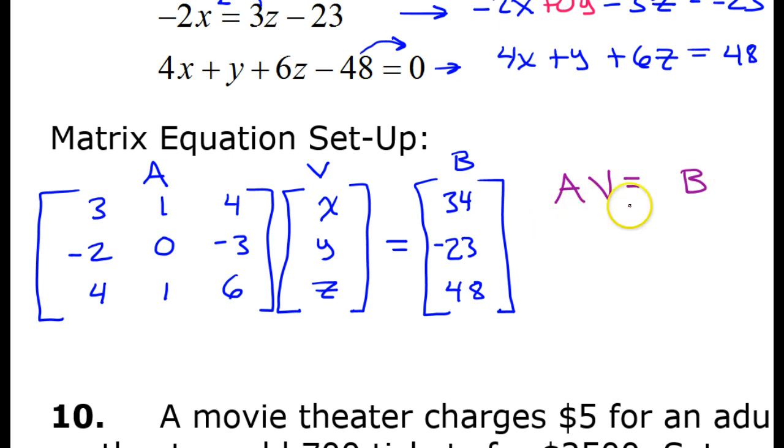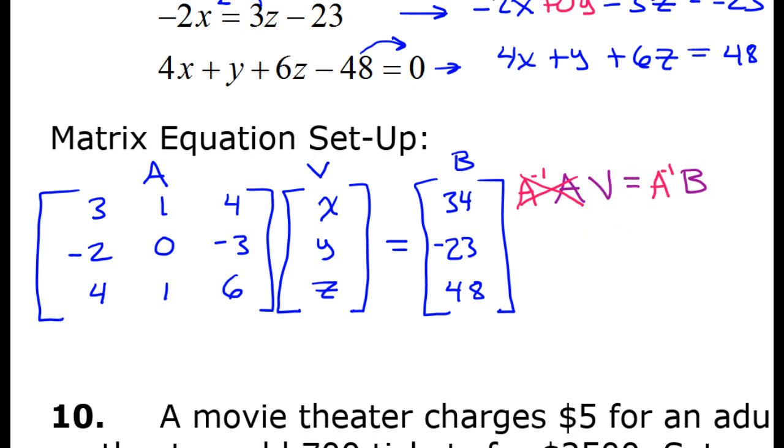But there's no such thing as dividing by a matrix. But there is something similar. If I were to multiply both sides by A inverse, we have learned that a matrix times its inverse is the identity matrix. So basically these cancel each other out.